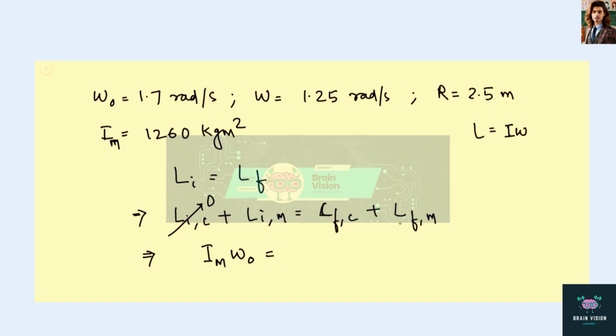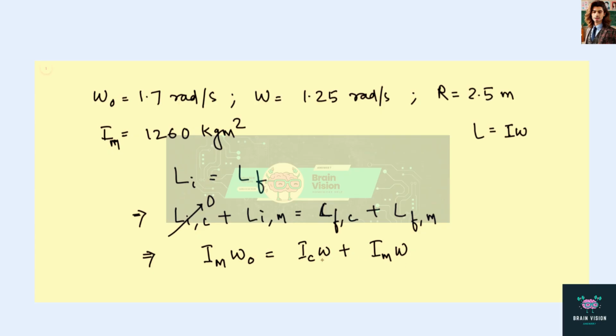LFC plus LFM, and LFC is the moment of inertia of the child times omega, where omega is the final angular velocity after the merry-go-round slows down, and also LFM will be equal to Im times omega.